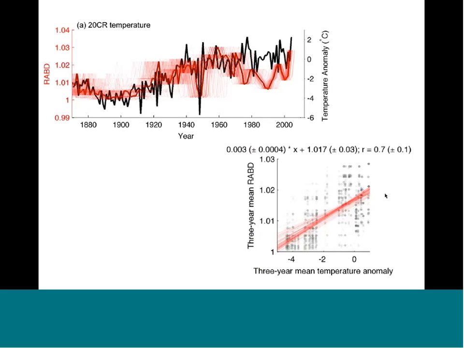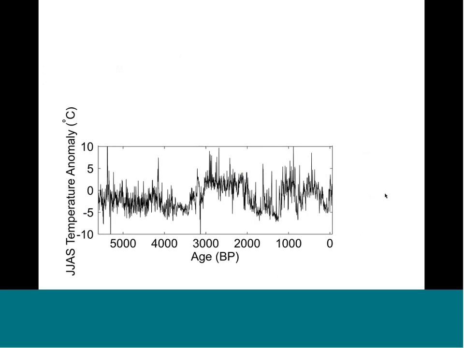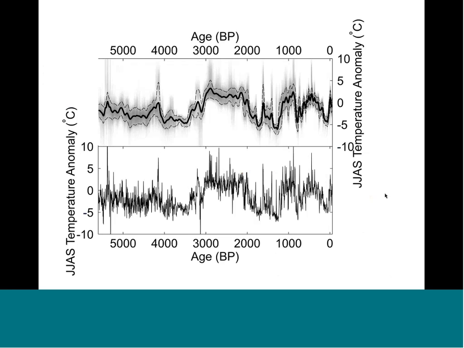And then because we now have this ensemble of regressions associated with age uncertainty, we can take this reconstruction, which extends back about 5,500 years and was a single line, and turn it into a suite of reconstructions that quantify the impact of age uncertainty on that reconstruction, both in terms of where they are in time here and in the way that age uncertainty impacts the regression itself.